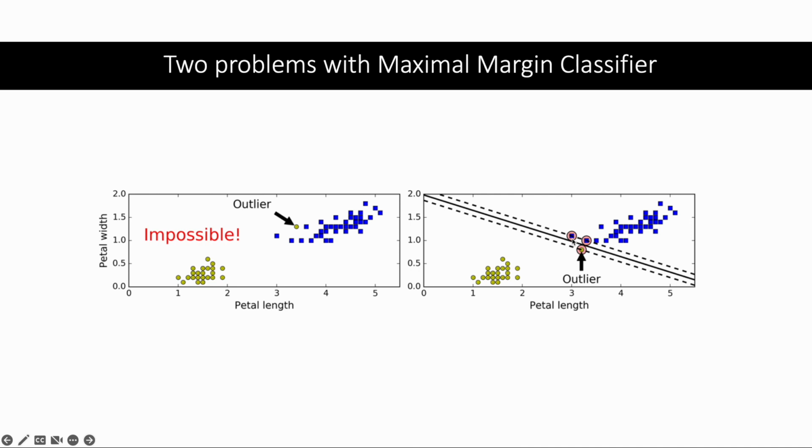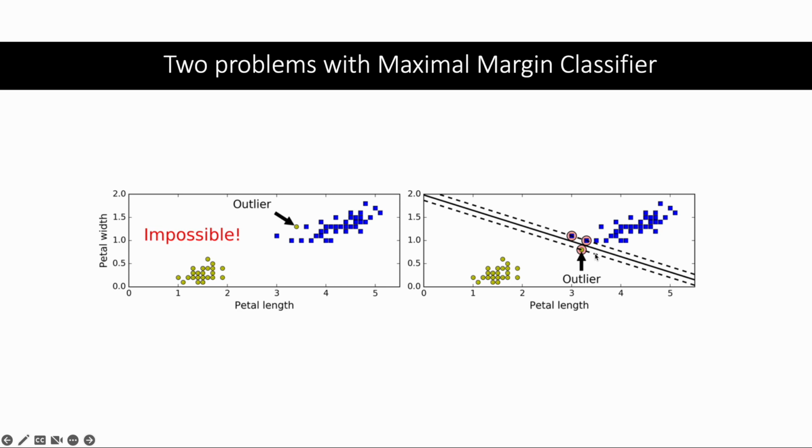So in this particular case it will work, but for a new value that comes, it will not be able to generalize well. Why? Let's say one green square comes over here, very near to the other versicolors.